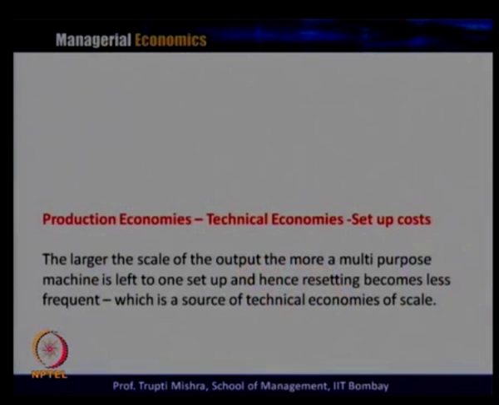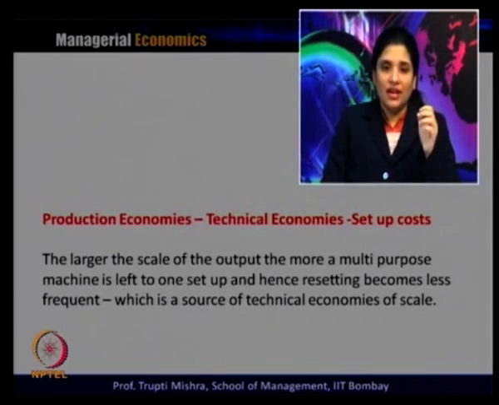So, when it comes to setup cost, if it is a case of only one car, then the average cost or the total cost is on a higher side. But if it is a case of large scale output, of a number of cars, the larger the scale of the output, the more a multipurpose machine is left to one setup, and hence resetting becomes less frequent, which is a source of technical economies of scale.